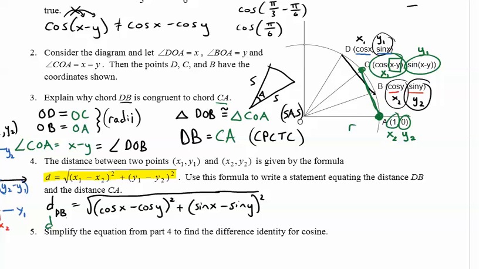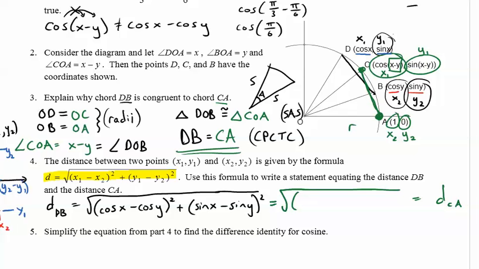So let's find the distance of CA using the same distance formula. Okay, but because DB and CA are the same, we showed that they're the same length up here. What I can really do is say that this distance is actually equal to the distance of CA.